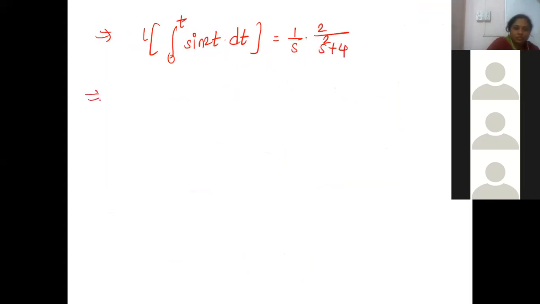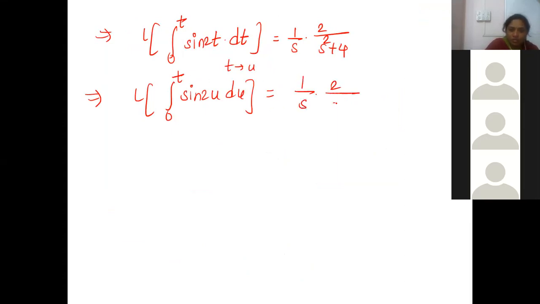But they asked you u, right? So that t can be changed to u inside the integration. It is possible. Yes, you are changing t to u, but even if you change t to u, the limits remain the same, 0 to t. That is 1 by s, 2 upon s square plus 4 as your final answer.